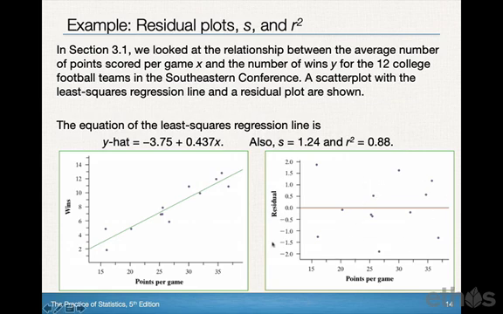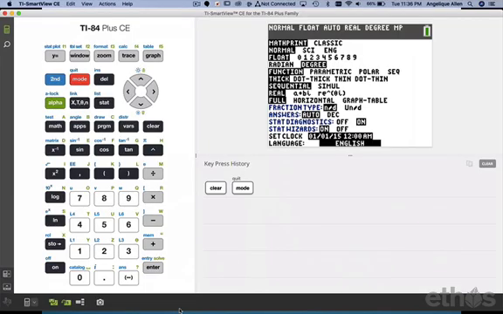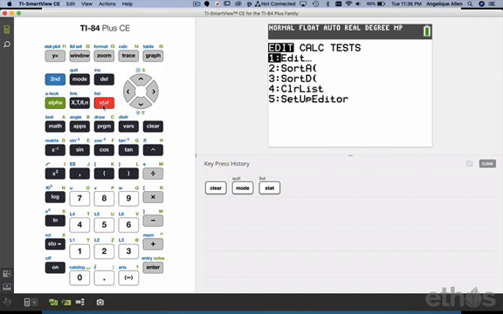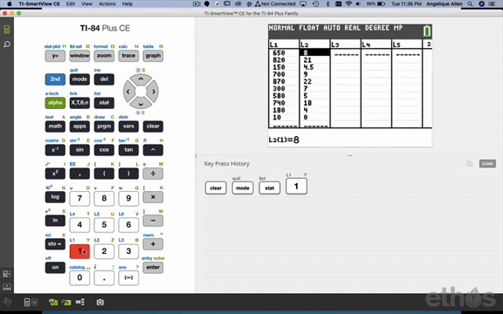Now, I don't know of very many questions on the AP exam, if it's ever happened, that you had to draw your own. You might have to draw one after putting data into a calculator and having it draw your residual plot for you. And I want to go into the calculator and again, make sure your diagnostics are on for statistics. And I believe I still have my data in here from an example in the last section.